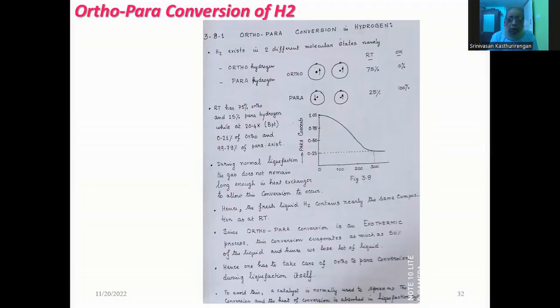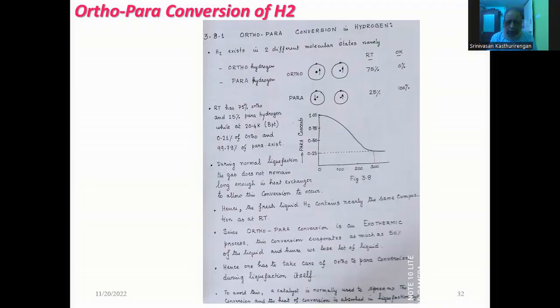This is what is called the ortho state. It can also have a spin in the opposite direction like this, plus half, minus half, the net spin is 0. So this is known as the para state. So it can exist as ortho state or in para state. These are the two states in which the hydrogen molecule can exist.